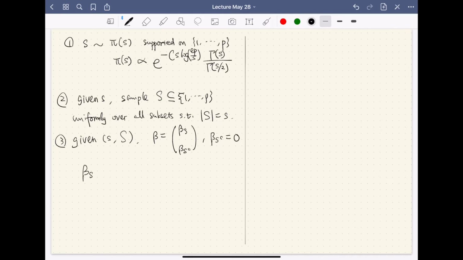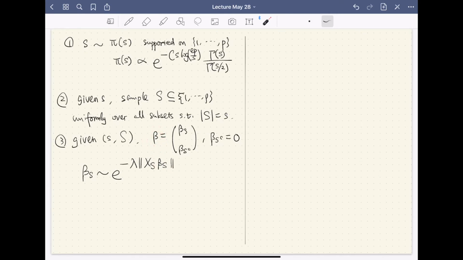And I sample beta sub S from a distribution proportional to e to the power of negative lambda, again lambda is a constant, times the L2 norm of X sub S beta sub S. Here X sub S is an n by s design matrix, which is a submatrix of the original n by p design matrix, just taking those s columns in this set, and beta sub S is a subvector of the entire beta.